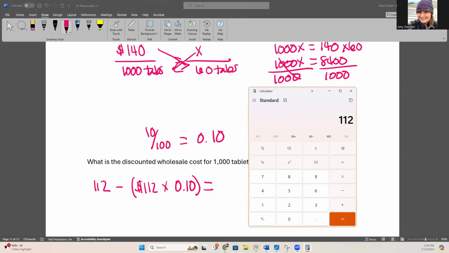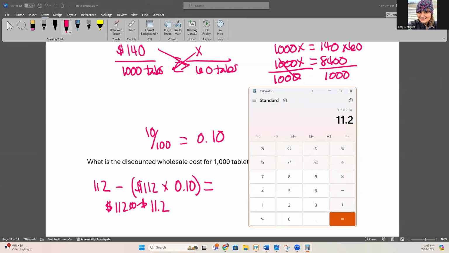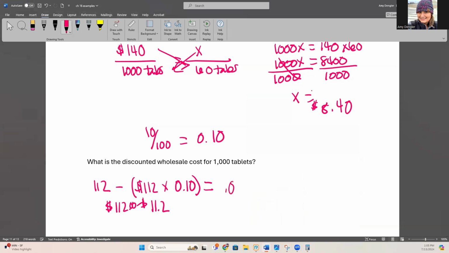So 112 times 0.1 is going to give us 11.2, $11.20, and then we're going to take the $112 minus the $11.20. So that is $100.80.